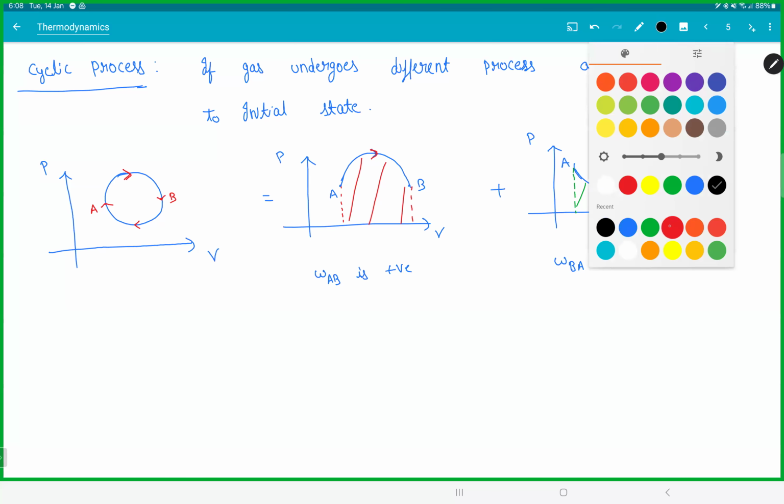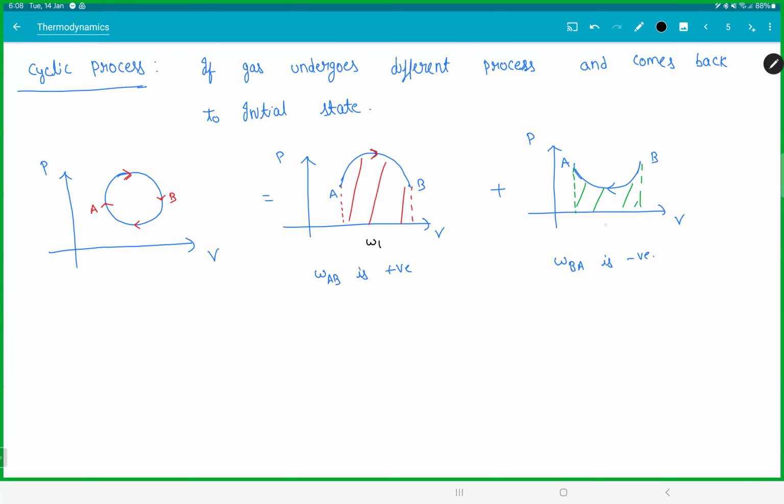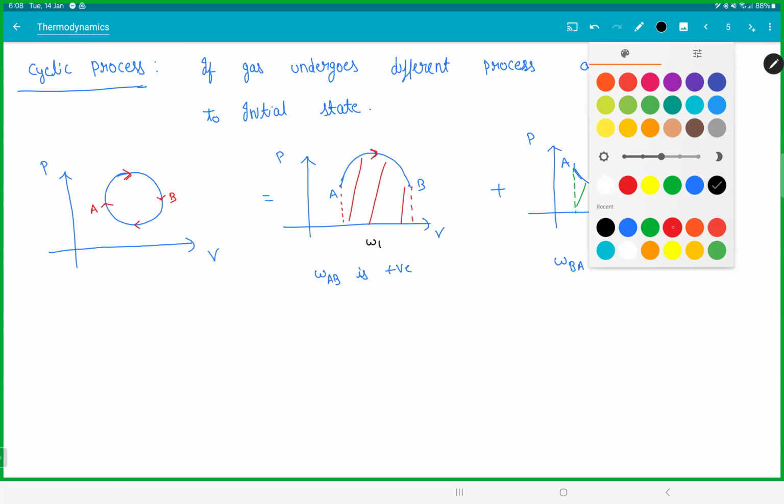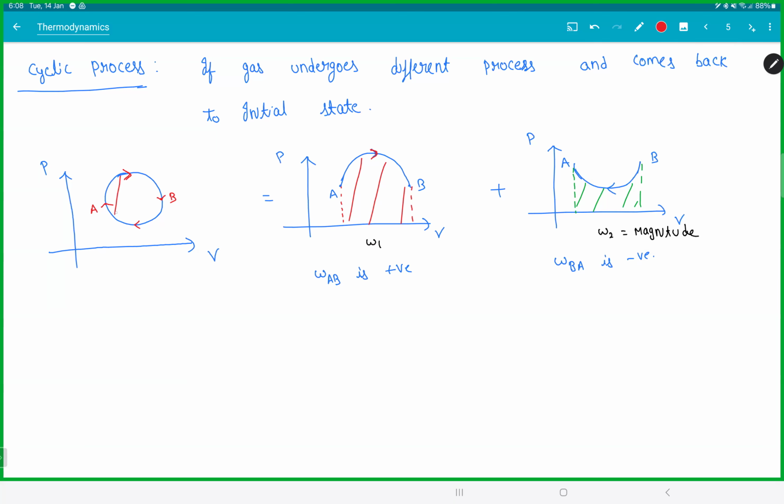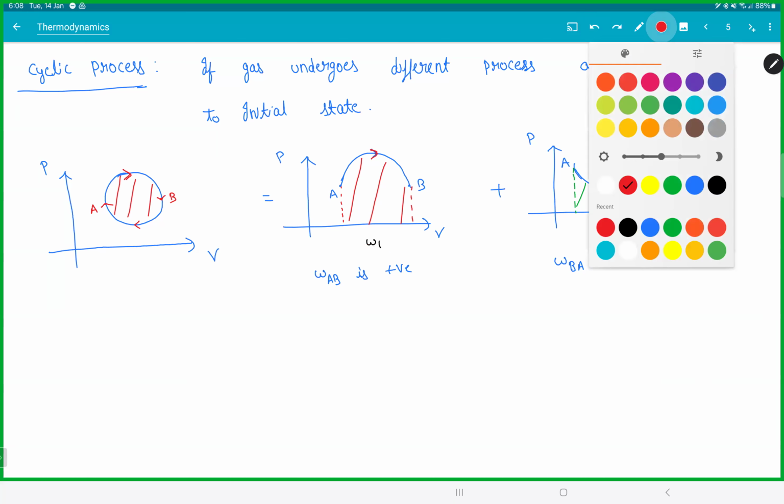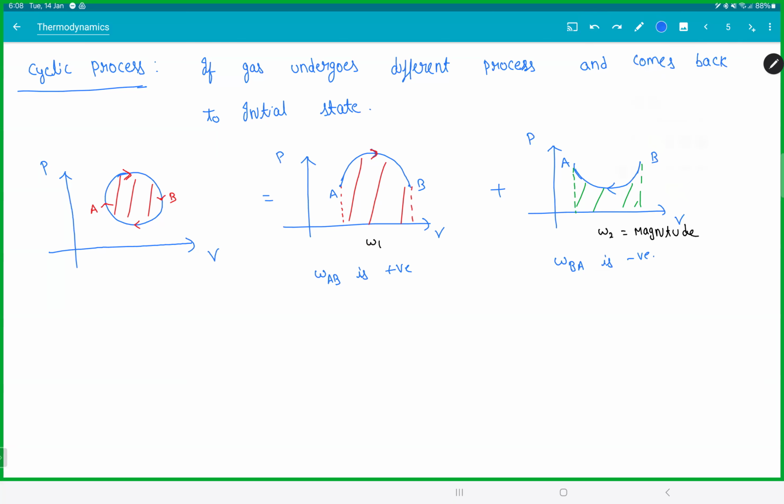If I take this magnitude to be W1 and this magnitude is W2, so basically the work done is minus W2. Then the work done will be the area enclosed by the curve. If you take this total red area and subtract this green area, what are you left with? The area enclosed by the curve. So in a cyclic process, the work done is the area enclosed by the curve.